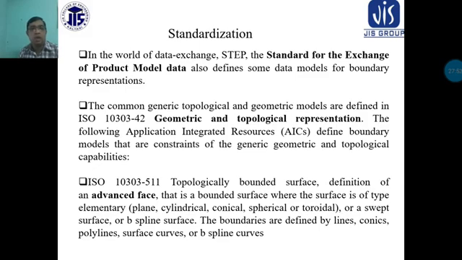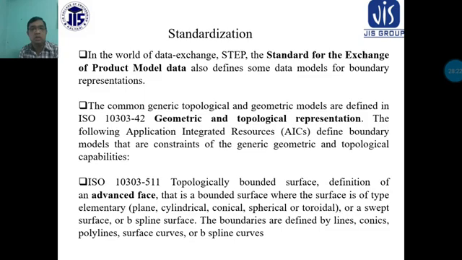The following application integrated resources, the AICs, define the boundary models that are constraints of the generic geometric and topological capabilities.